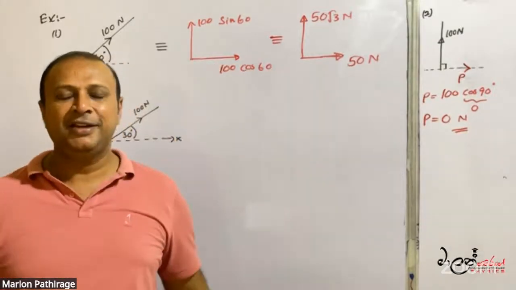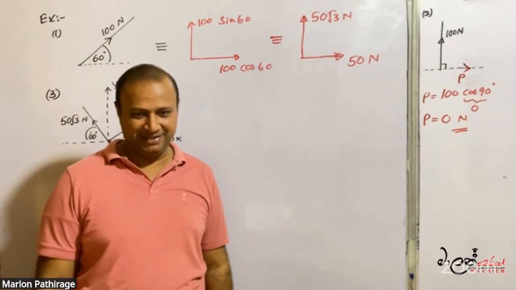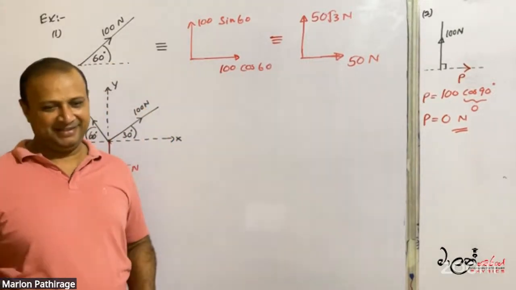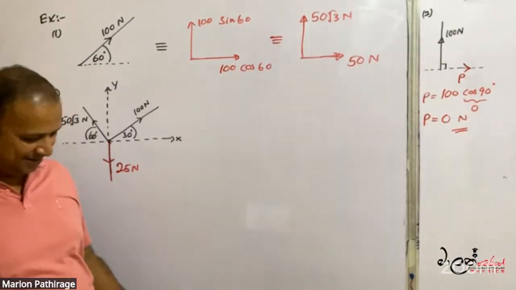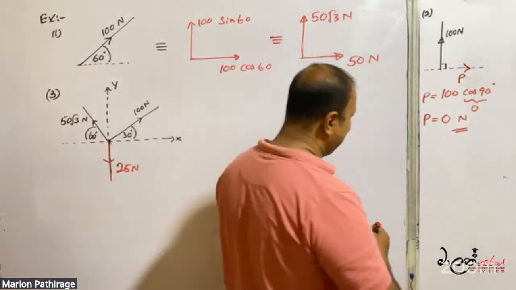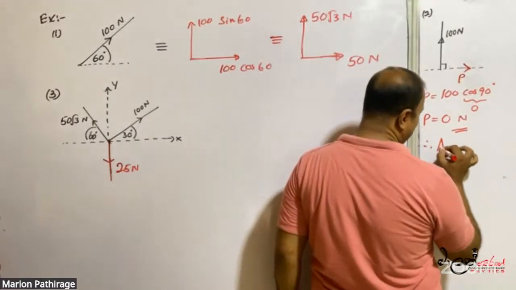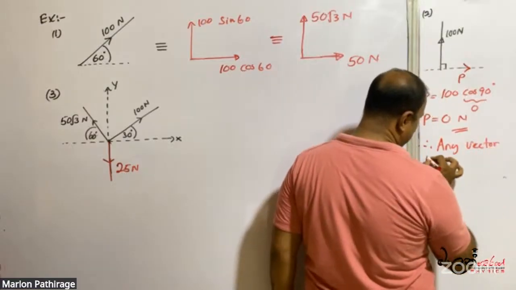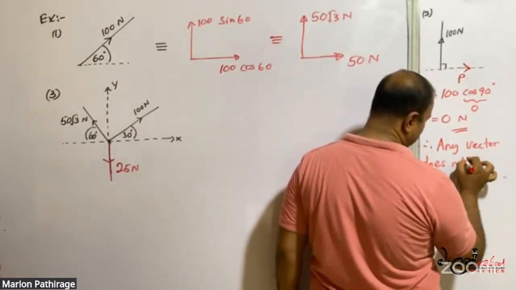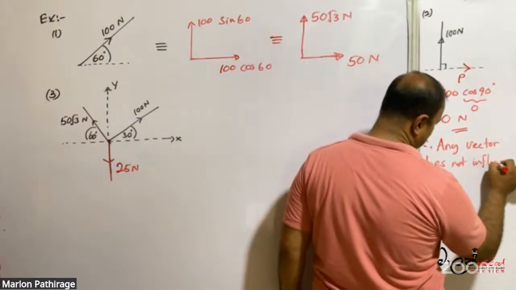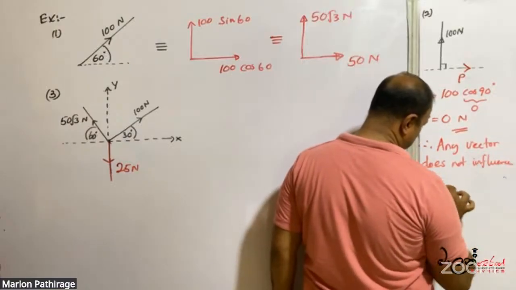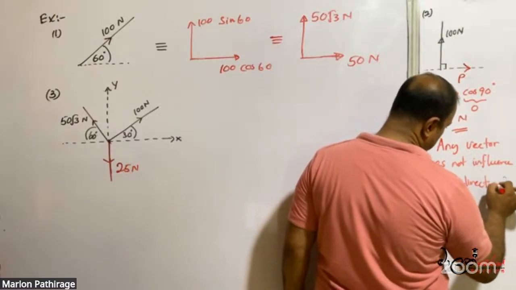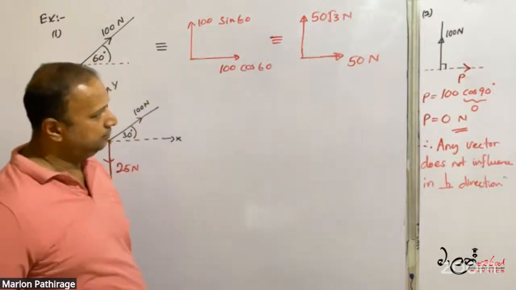If it is clear, please raise your hand. Therefore, I can write: any vector does not influence the perpendicular direction.